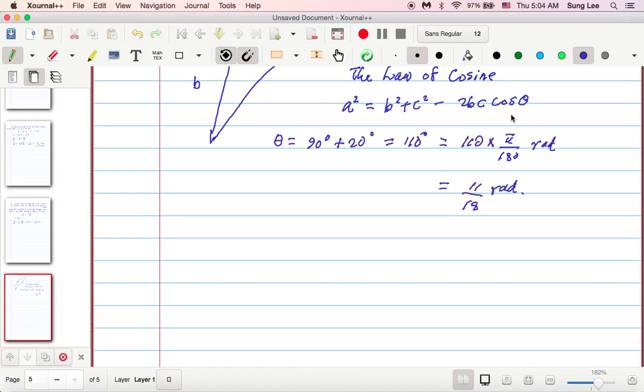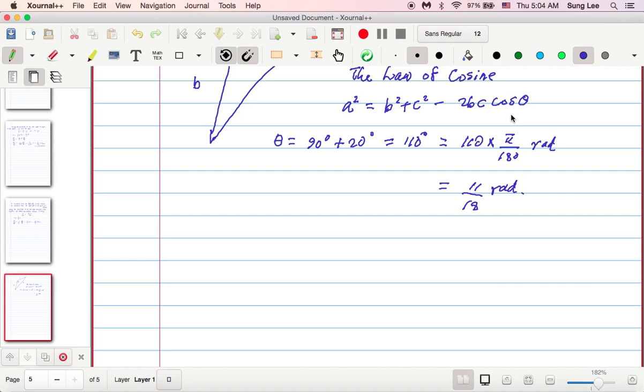But this is not something we can easily calculate by hand, so most likely we are going to use a calculator or the computer to calculate the cosine value of that. So you can keep on using the degree angle measurement.